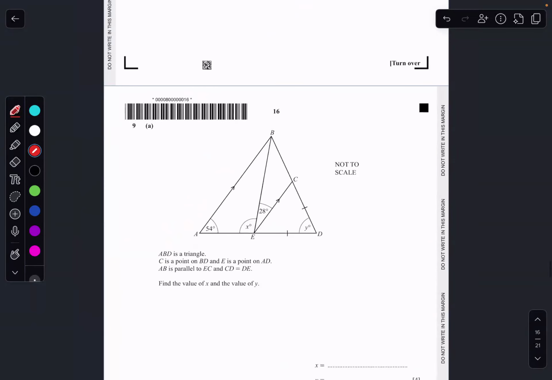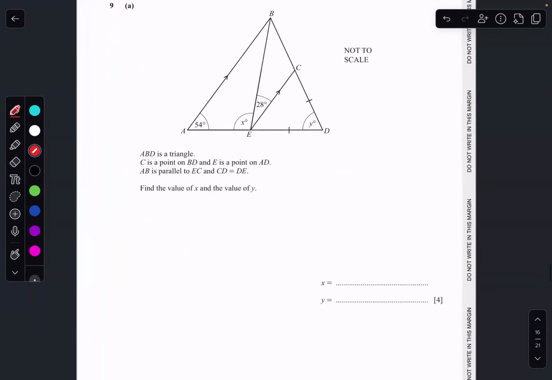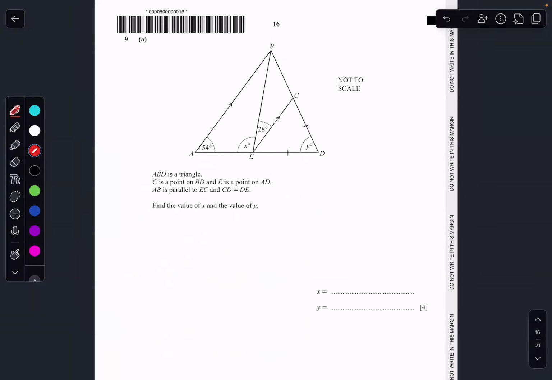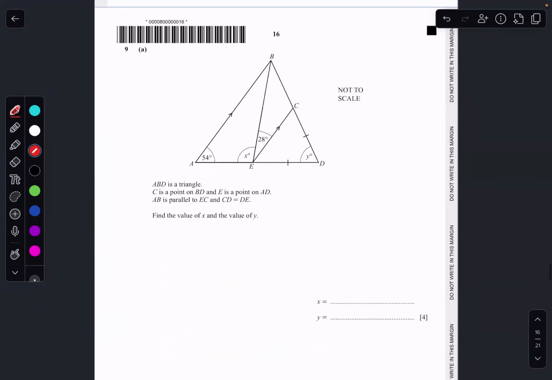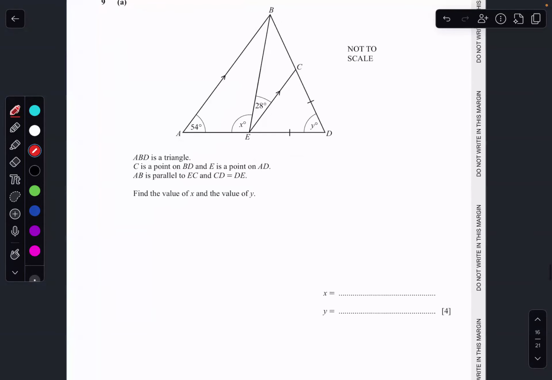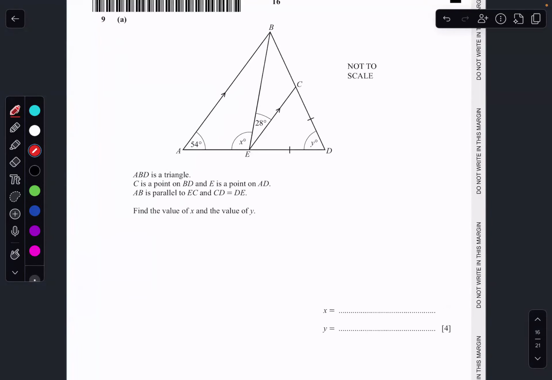Right? Then question number 9. Mahnul Bashir, did you get that right? The previous one? No, sir. Okay. Did you do any working at all?